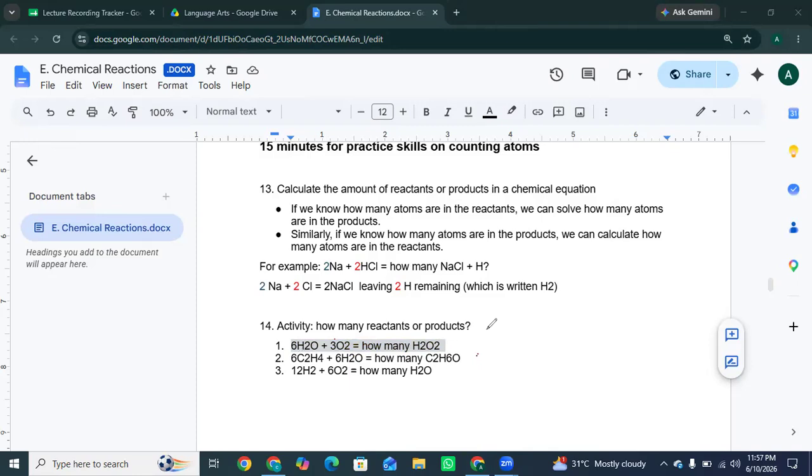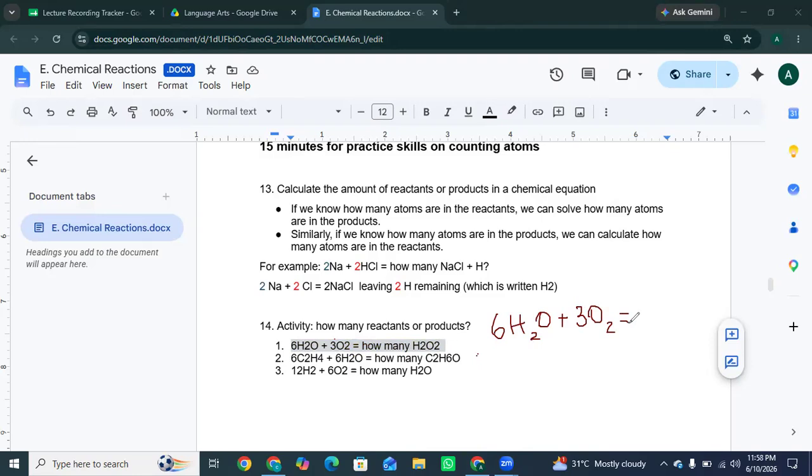So the example is 6H2O plus 3O2. Like you have to make the product side. Okay.